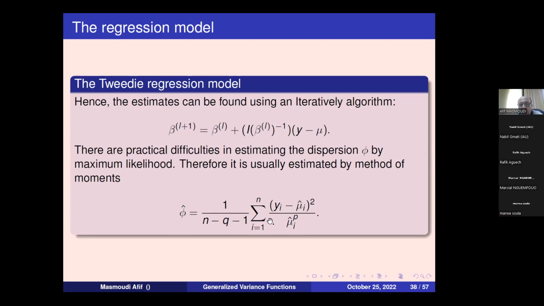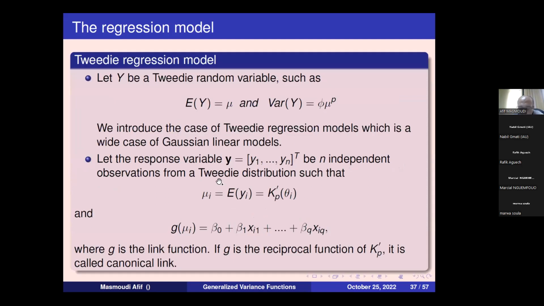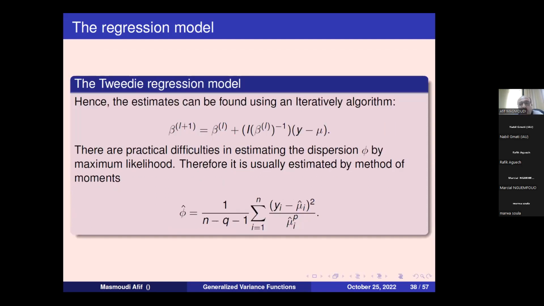So here we apply the method of moments. For the beta, we apply the maximum likelihood approach. So we calculate the gradient, and so we use the Newton method.